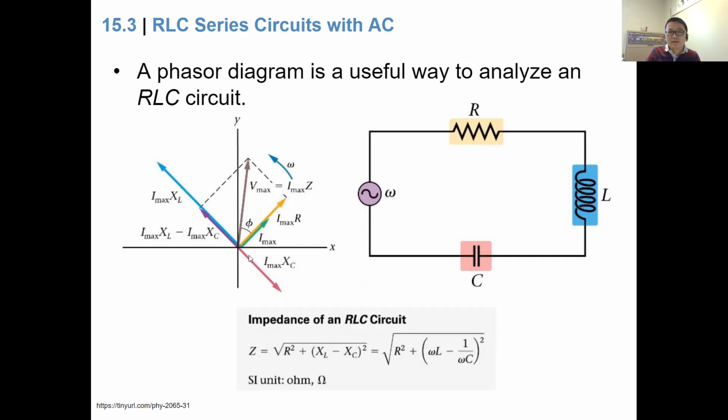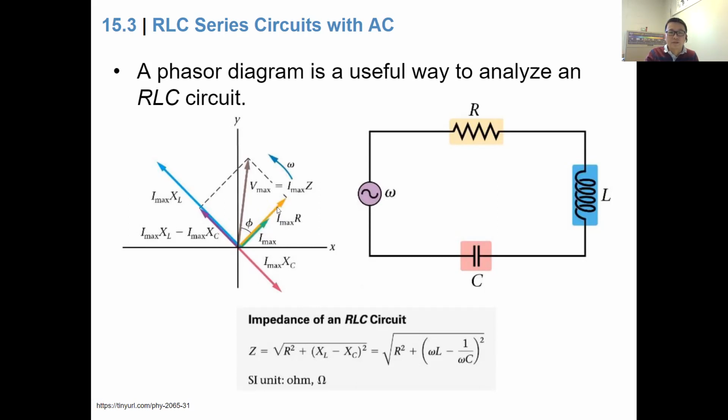At the end, for the maximum voltage for the whole RLC circuit, you are doing vector addition of the red plus the yellow plus the blue together. These two are in opposite directions. So you do XL minus XC, or either way around because you square it for the impedance, so it doesn't matter.